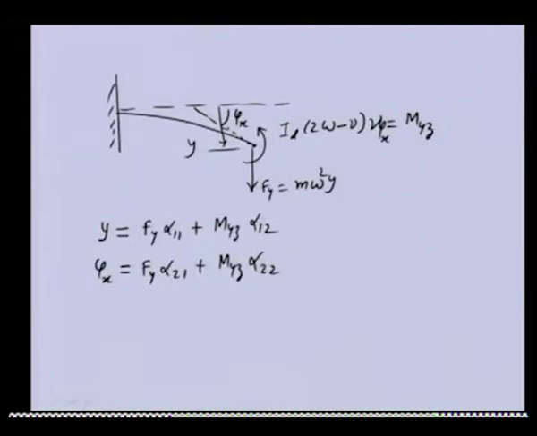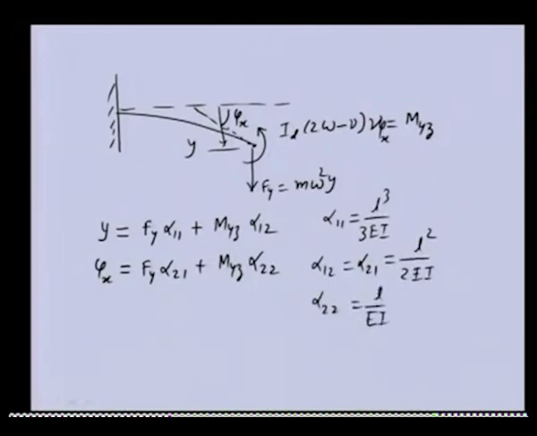Like for the cantilever beam case, we have these influence coefficients as alpha 11 equal to L cube by 3EI, and alpha 12 and alpha 21 are the same, that is L square by 2EI, and alpha 22 is L by EI.